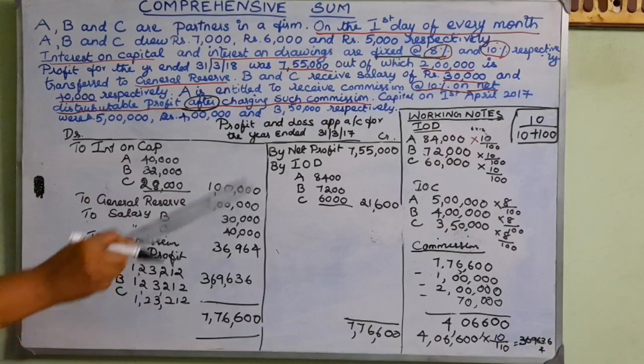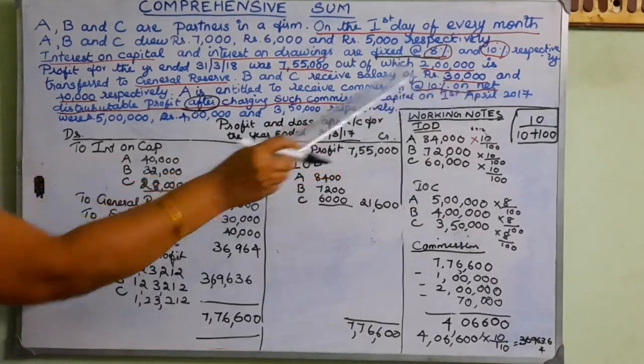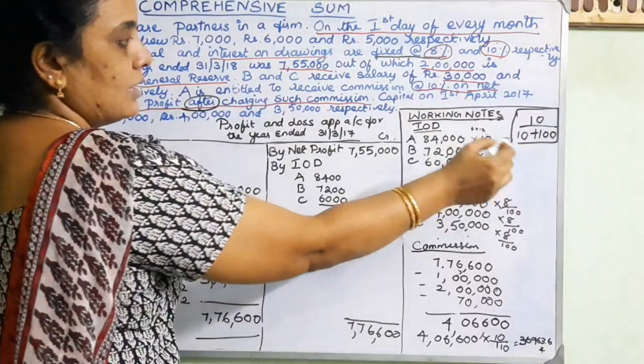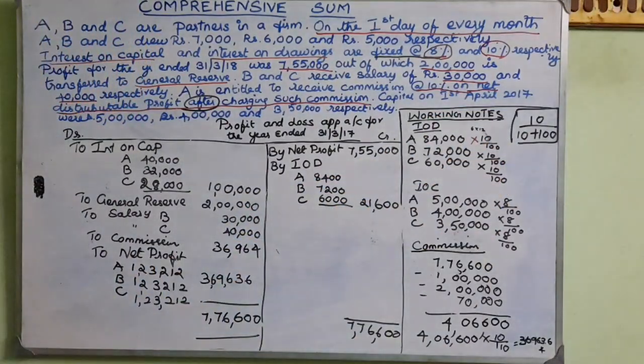Here it is very important: commission we did at 10% on the distributable profit after charging commission. Whenever there is after charging commission, we have to add the percentage to 100 and calculate. So by this we have done a comprehensive sum.